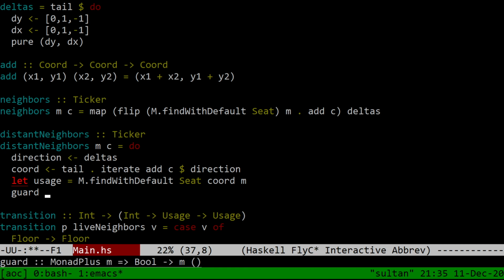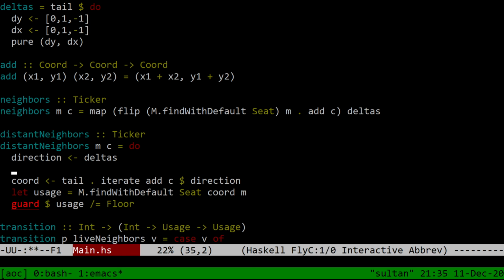Guard that usage is not floor. Hang on, this is not right. This should not be a nested do notation. This is incorrect. Yeah, I should be saying this should be a let actually.